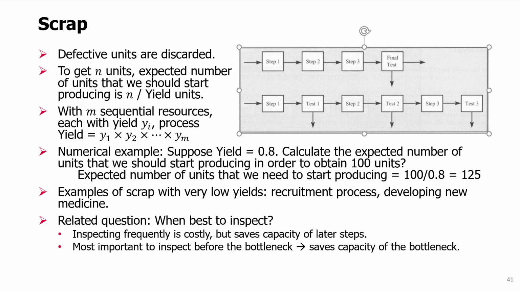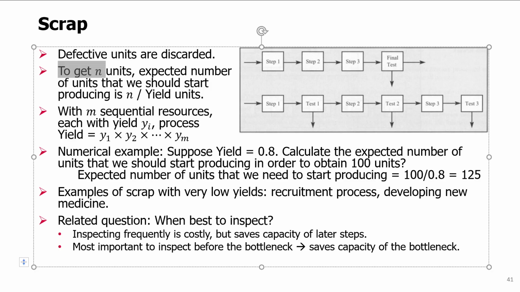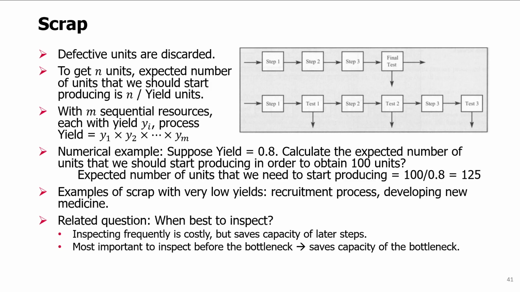Notice that when we have scrap, to get n units, the expected number of units that we should start producing is n over yield, right? And so we will have to produce more. If yield is less than 1, we will have to start producing more than n in order to get n units of finished products or services.